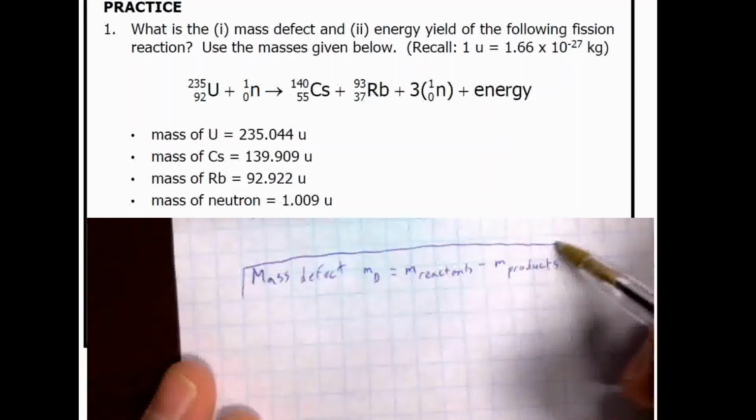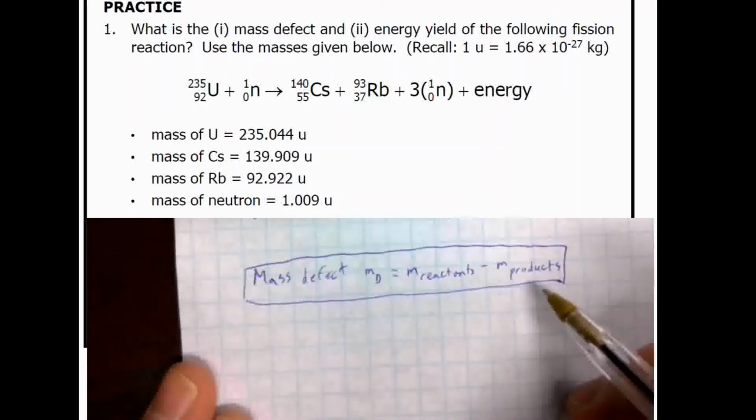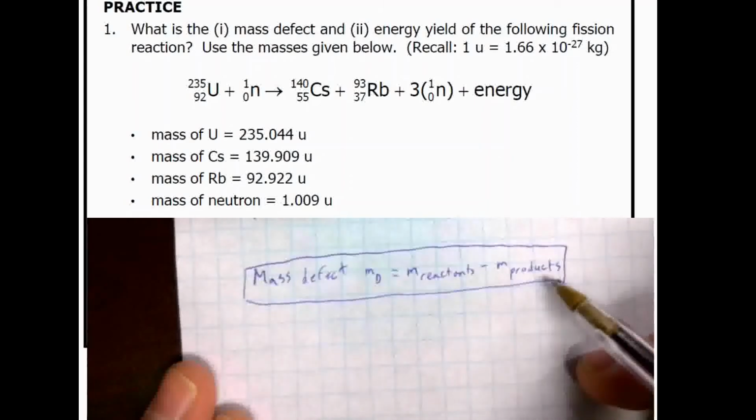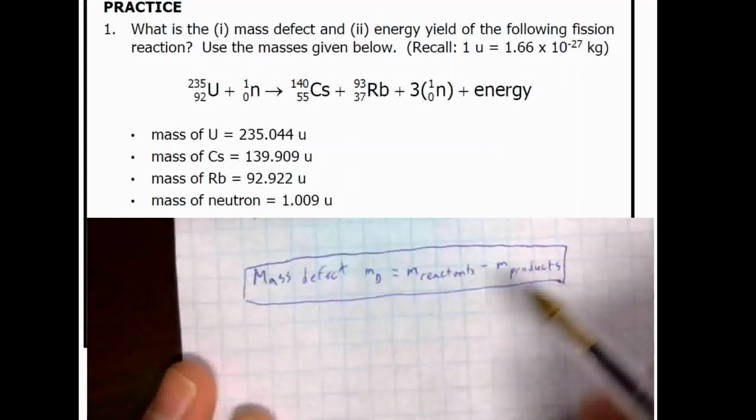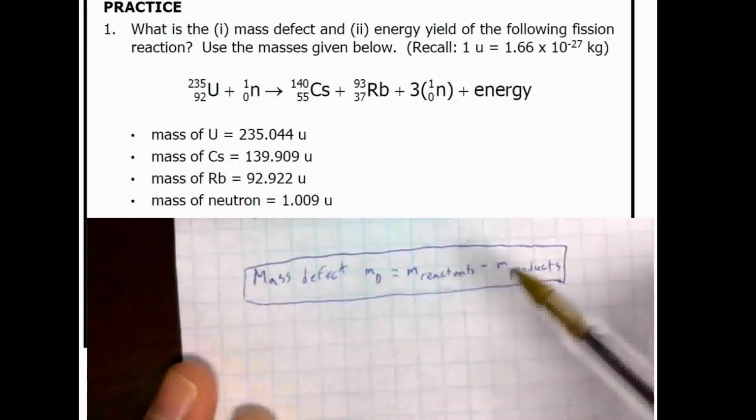Copy this into your notes. M reactants is the mass of the reactants. M products is the mass of the products. The reactants are on the left side of our nuclear equation. The products are on the right side.